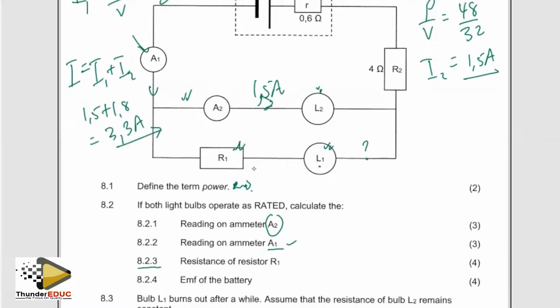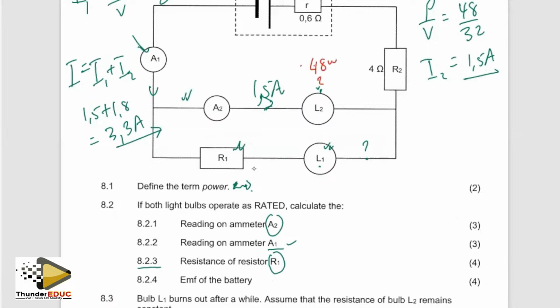Then for 8.2.3, they want us to get the resistance of R1. What I should know is that this one was 48 watts and 32 V, and this was 36 watts and 20 V. This bulb and this one are in parallel, so for as long as they're in parallel, the voltage across these two has to be the same.